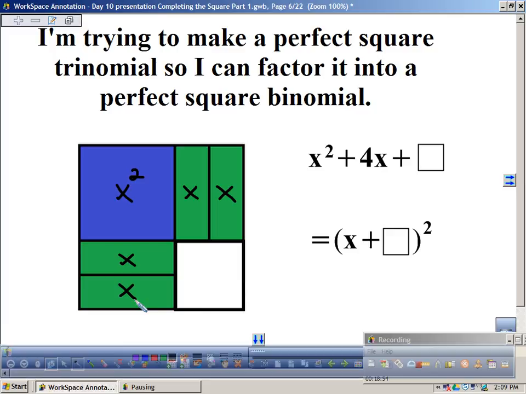I took my 4x and I split it, and I said, okay, that means I've got 2 x's on one side and 2 x's on the other. So if I want to know how much I have to add to complete my square, I'd have to add 4. Or 2 squared. Now do you see that this is an x and this 2 goes here and the square is on the outside?